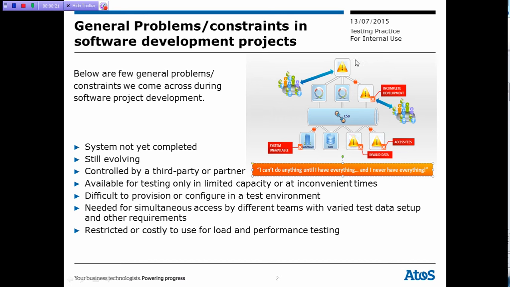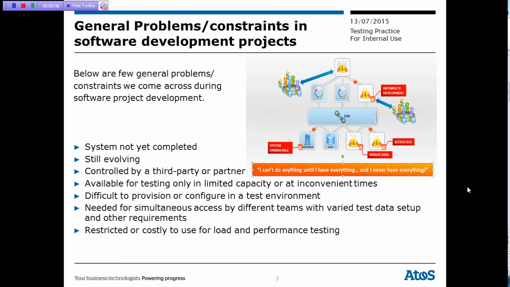As you can see on the screen, the system has some interfaces, and in some cases the interfaces may not be available because of incomplete development, or the system is unavailable because of some downtime, or the system has some invalid data in it, and we may require valid data.